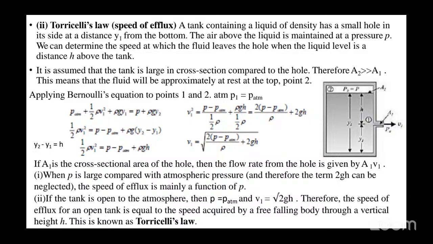The fluid has a uniform density, so we are applying Bernoulli's expression. We have the expression you see: v1 is equal to the square root of 2(P minus P atmosphere)/rho plus 2gh.